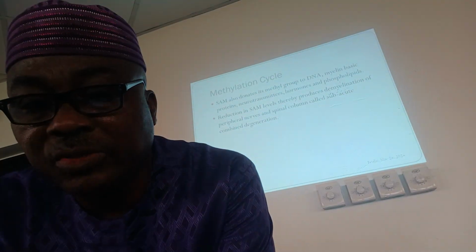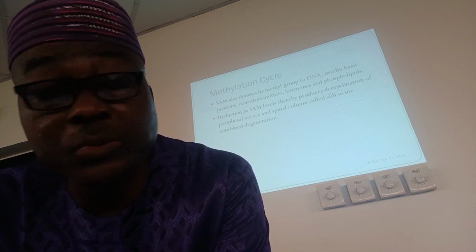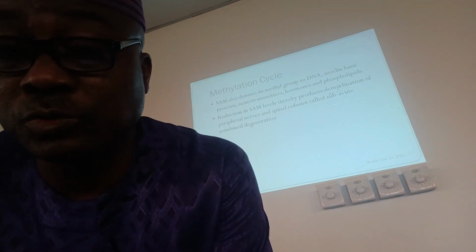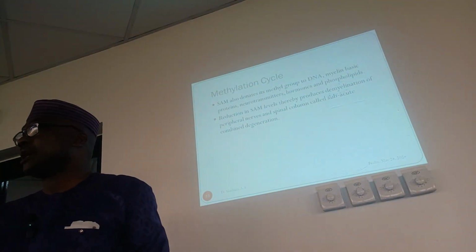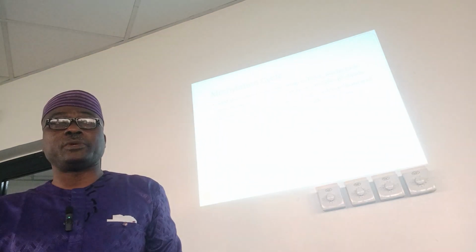SAM also donates its methyl group to DNA, myelin basic protein, neurotransmitters, hormones, and phospholipids. Reduction in SAM level thereby produces demyelination of peripheral nerves. So there will be demyelination because there is no SAM. You cannot get to the SAM level, that is S-adenosyl methionine, when there is no cobalamin.